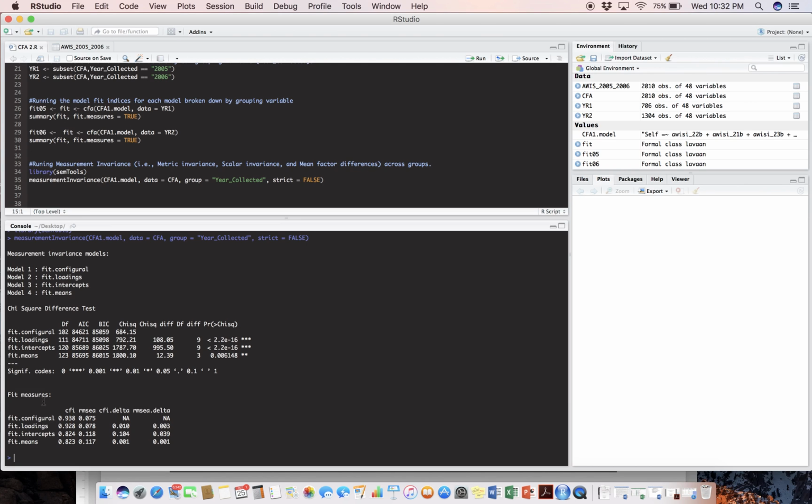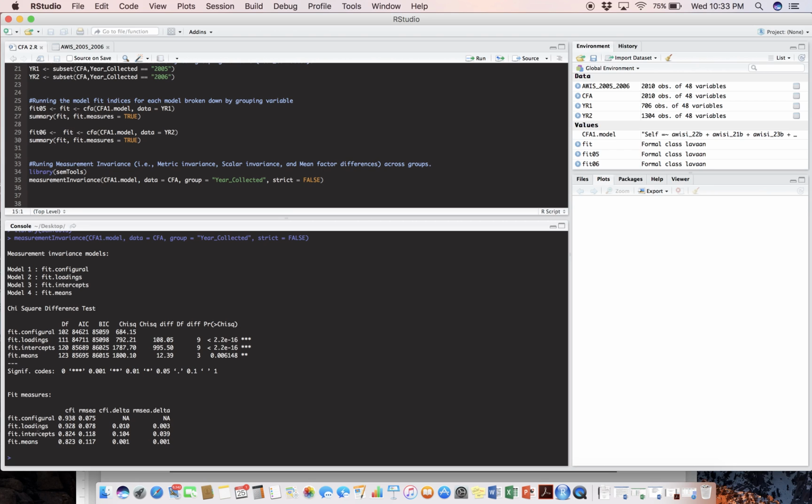We want to know that what the researcher did contributed to the change, rather than having change due to measurement bias, different understandings of the construct, changes in the criterion, etc. And that's what these invariance indices tell us, right?